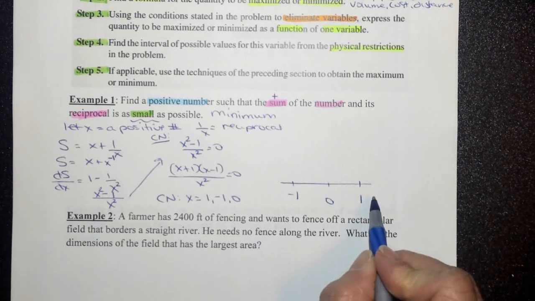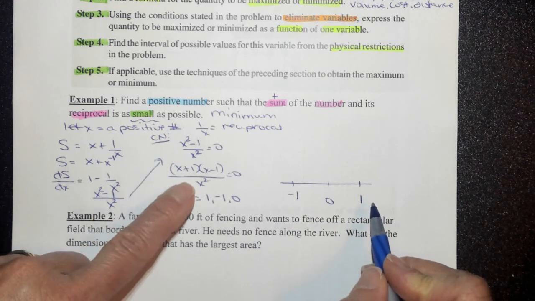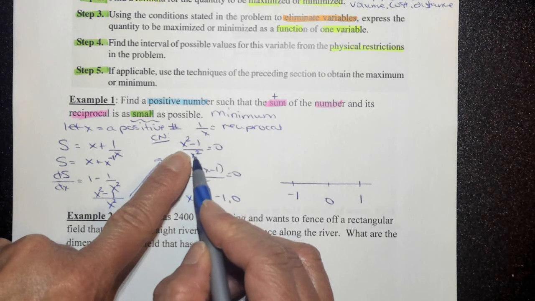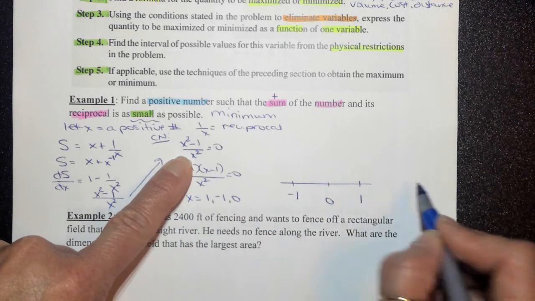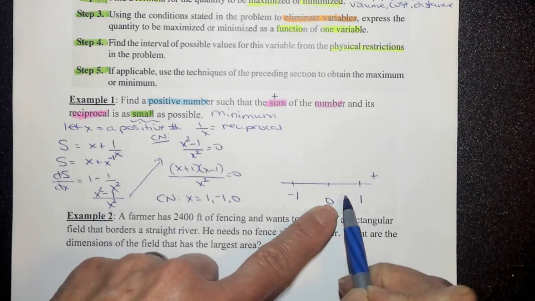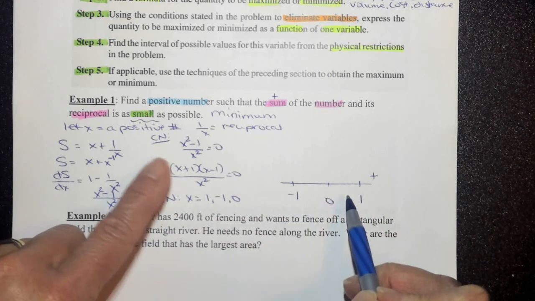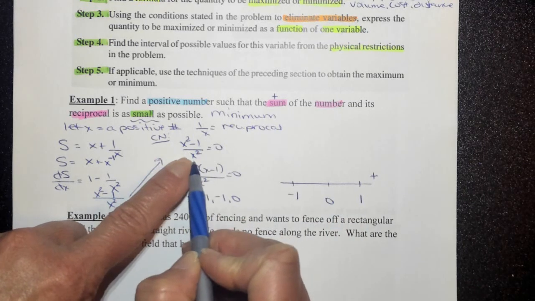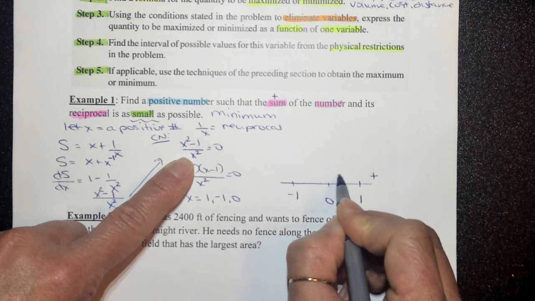So if I were to pick 2 and plug 2 into either the factored or the non-factored form, 2 squared is 4 minus 1 is positive, 2 squared is 4, that's positive, so this interval right here is positive. If I were to pick, let's say, 0.5, 1/2, 0.5 squared is 0.25, minus 1 is negative, 0.5 squared is positive, so that means this is negative.